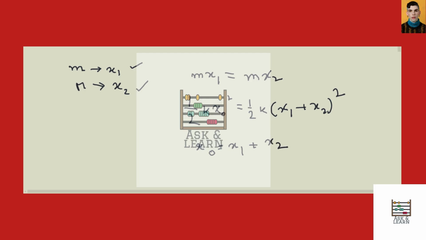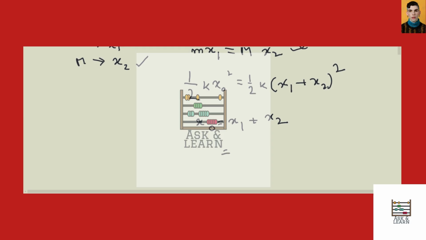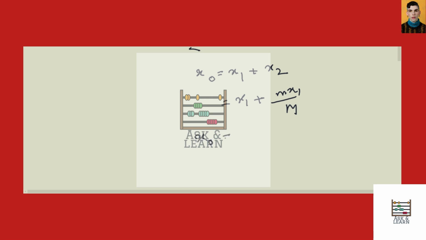Now if you plug in the value of x2, that is x2 equal to m x1 over capital M, we have x1 plus m x1 by capital M. Thus we have x naught equal to (M plus small m) over capital M times x1.